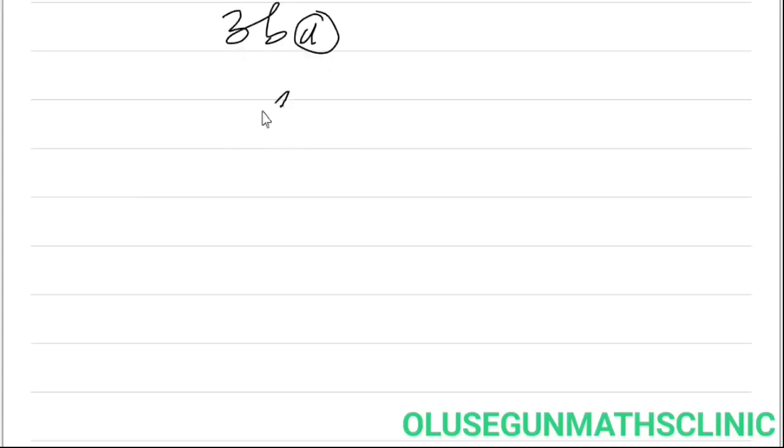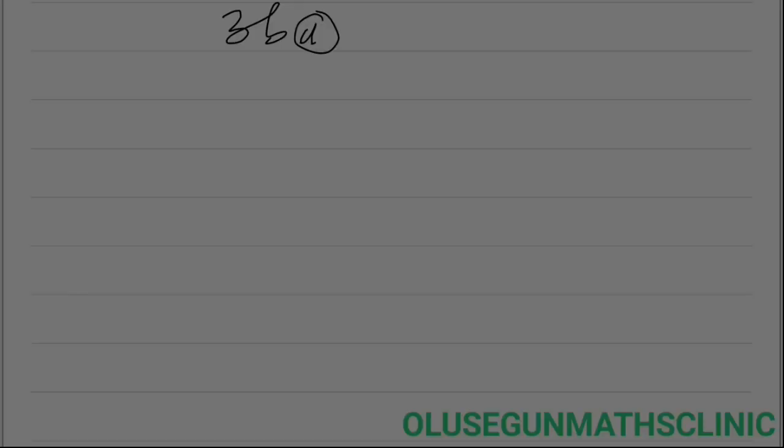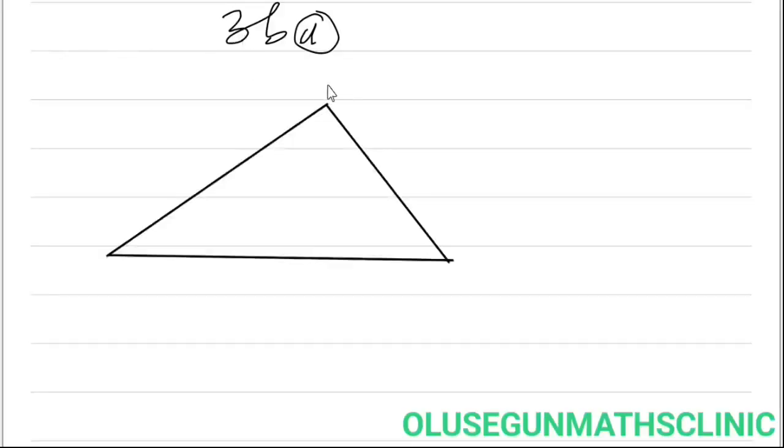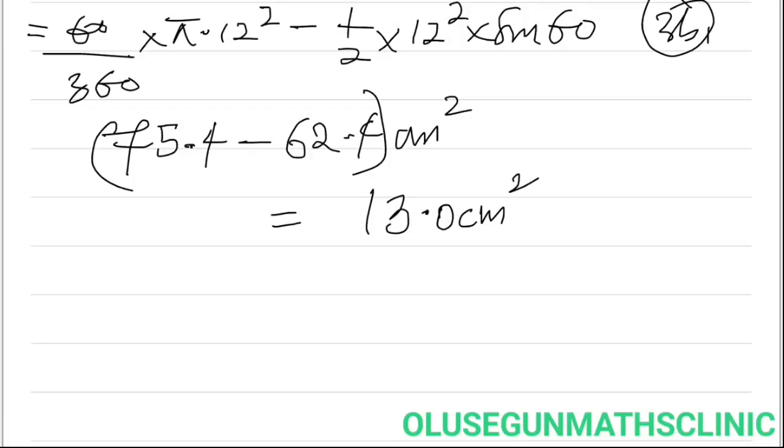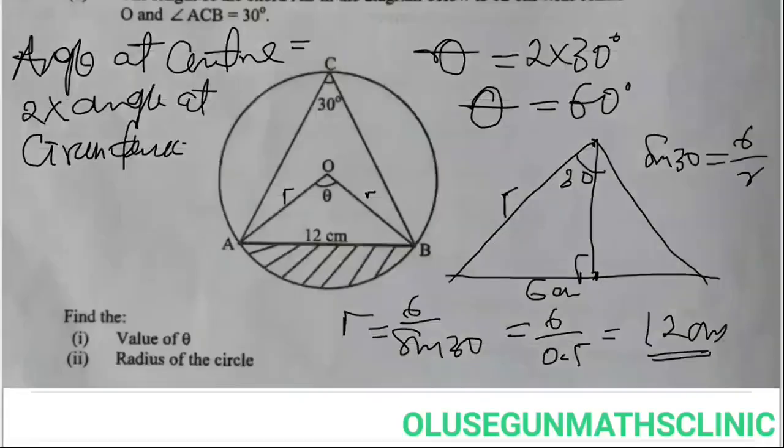Let's see the shape of the triangle now. From the question, the shape given is AOB, and the radius is 12, is 12.